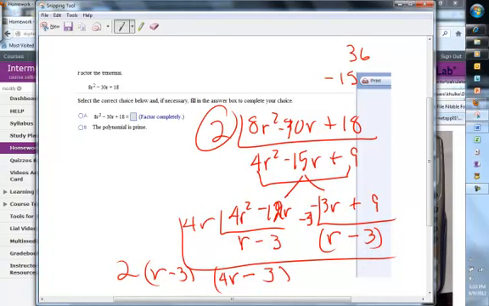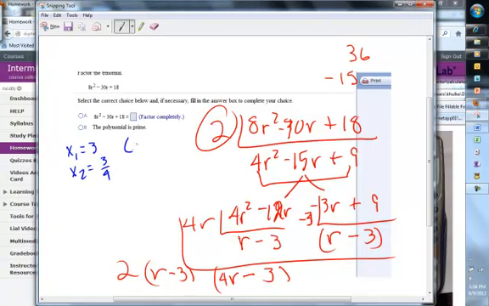Now, when you go to using the calculator to solve this one, let's enter it, mode 5, 3, 8 equals negative 30 and 18. And when you get your solutions, it says x1 equals 3, x2 equals 3/4.